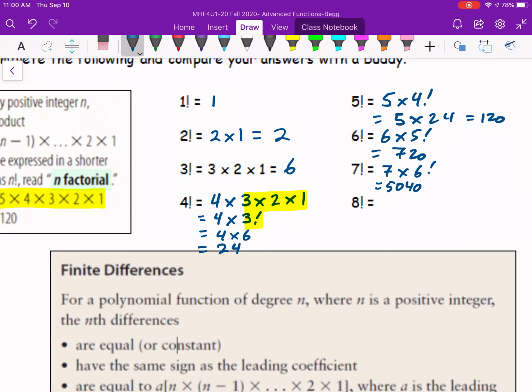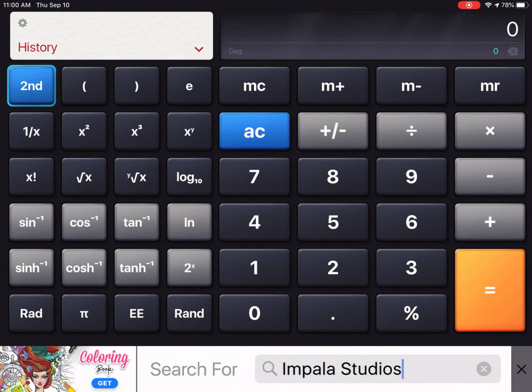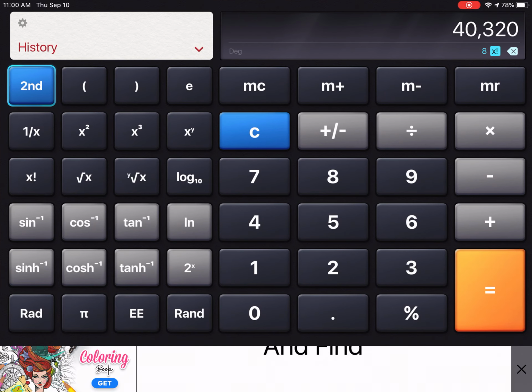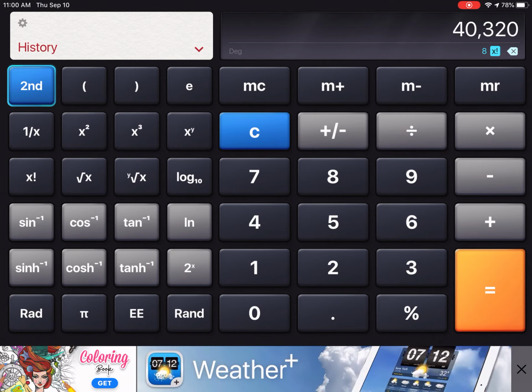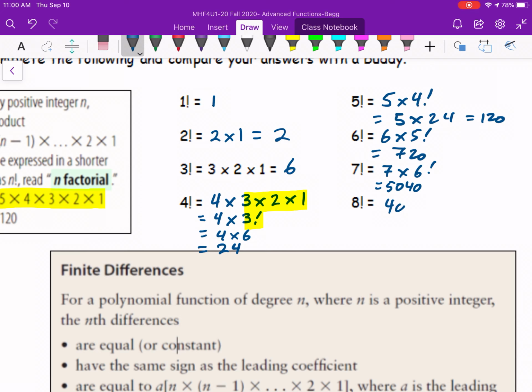And 8 factorial would be 8 times that. But again, why bother when our calculator will do it for us? 8 factorial equals 40,320. So as I mentioned, they go up really quickly. Check your scientific calculator, and you definitely need to have one for this course.